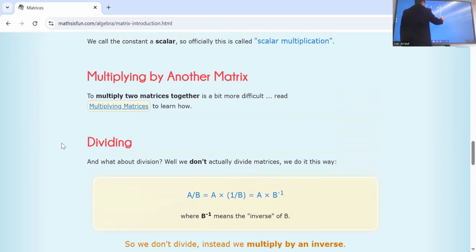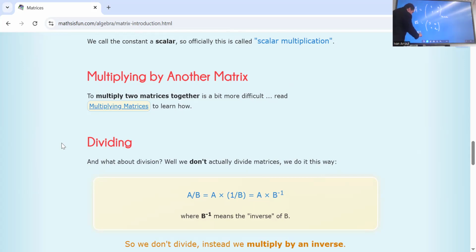It's 2 by 2. And I want to divide this matrix by this second matrix. I cannot divide directly. What I do is find the inverse of this matrix.